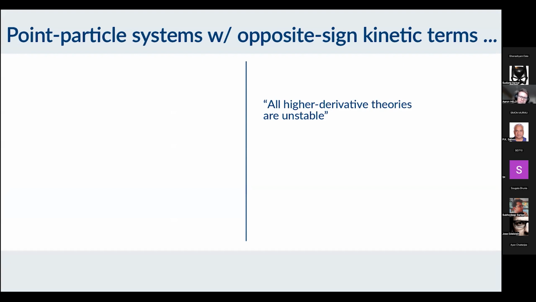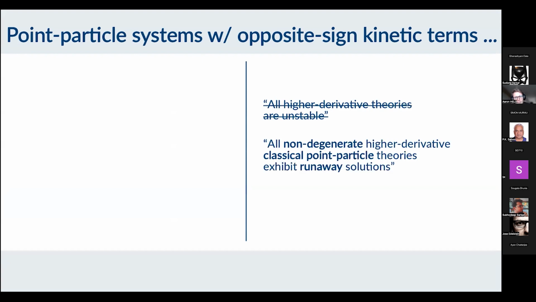So I often hear higher derivative theories are unstable. That's clearly an imprecise statement. The more precise statement would be all non-degenerate higher derivative, and now I'm restricting to point particle theories, exhibit runaway solutions. That statement, in fact, is also not correct, but it's subtle why it's not correct.